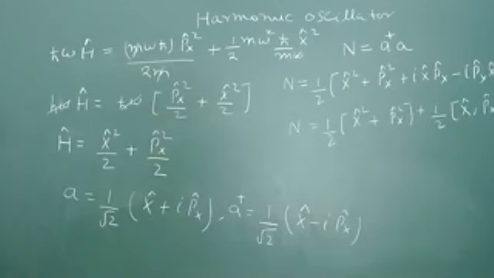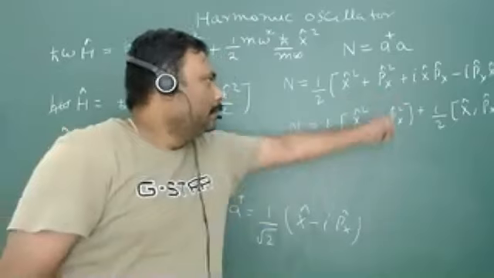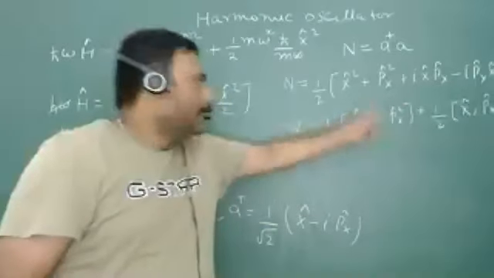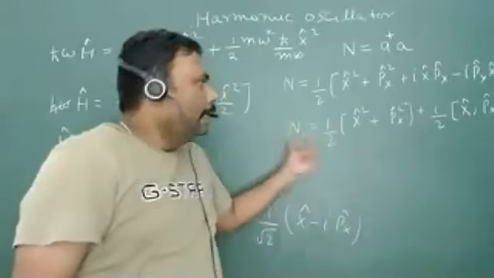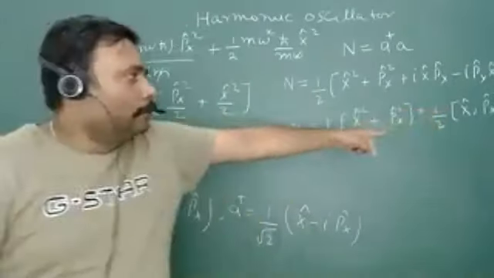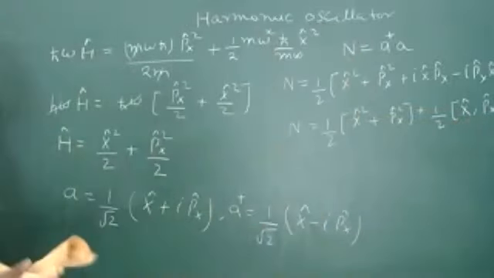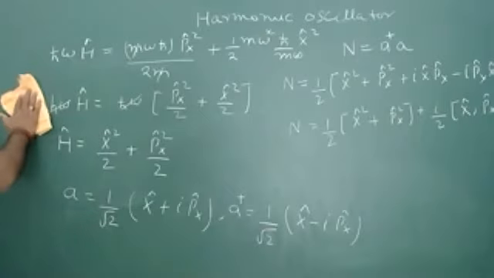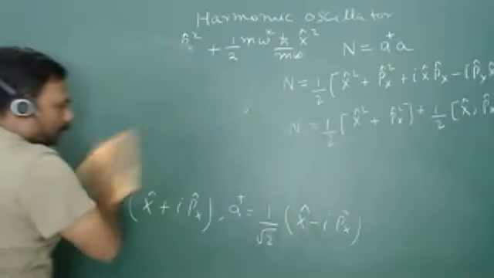And now you can see this is nothing but the h cap operator. So I can write the h cap operator in terms of n plus or minus something. So let's try to figure out the commutation between x cap and px cap.